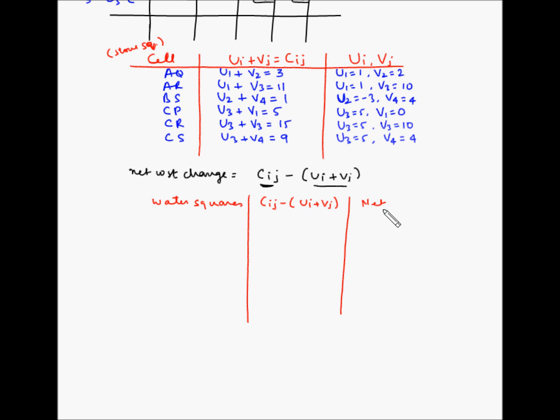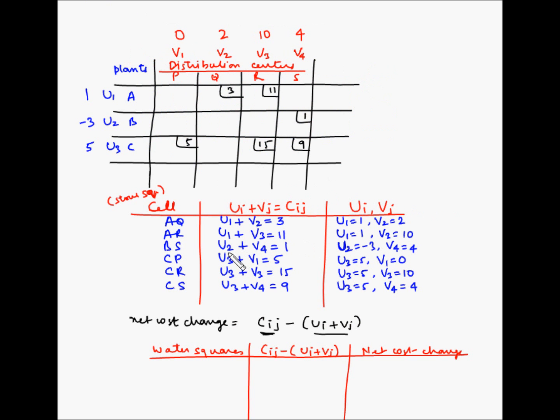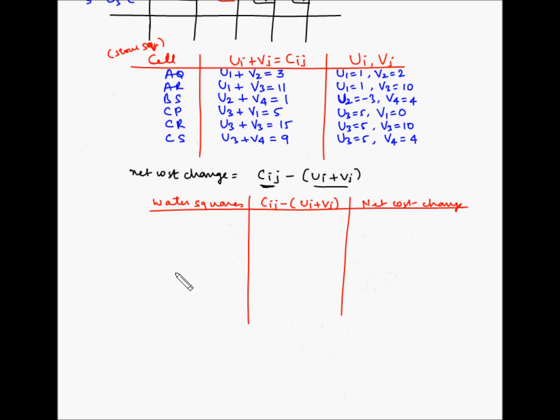And we'll note down the net cost change in this column. Now let's note down the values of Cij for the water squares in this table. So this is 2, this is 7, this is 1, 0, 6 and 8. So now let's note down the water squares.